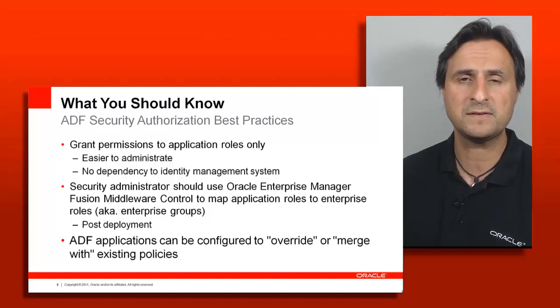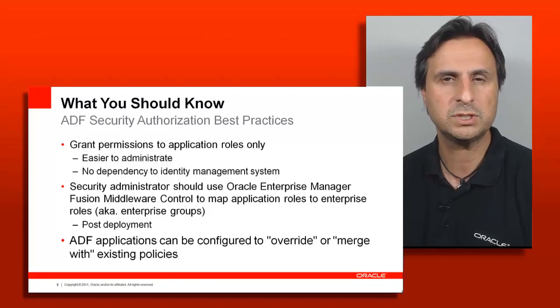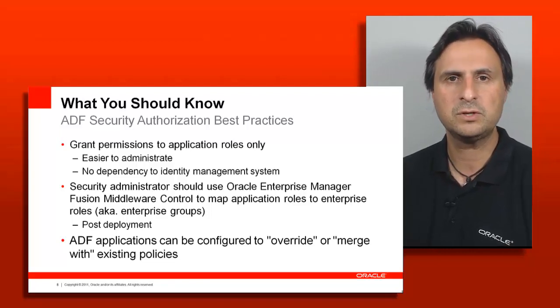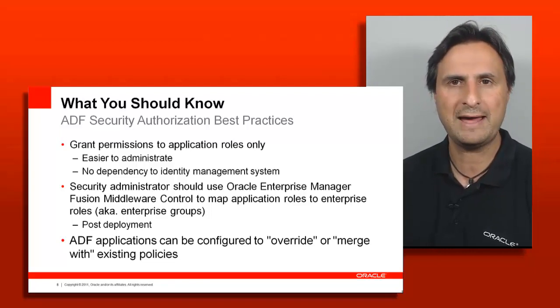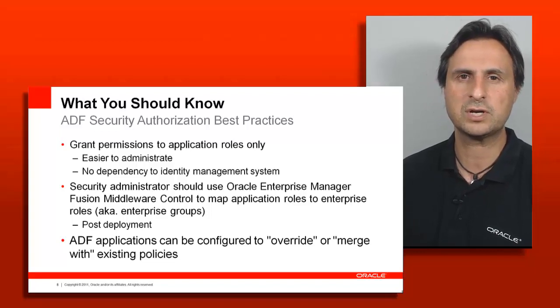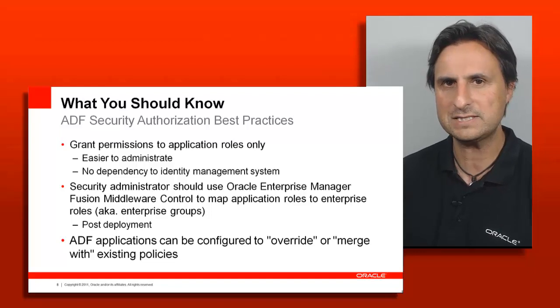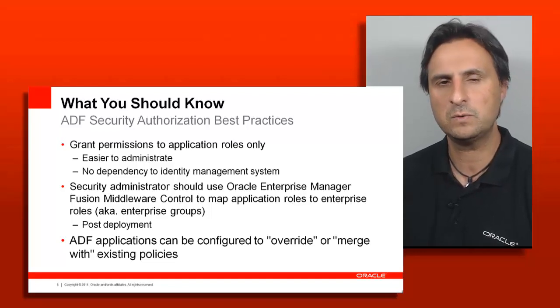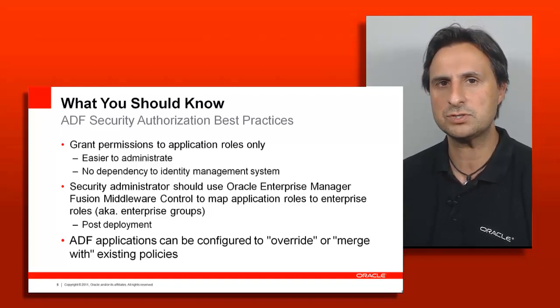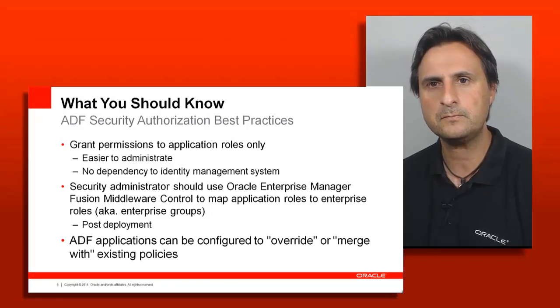So that can basically, after deployment, change the whole permission infrastructure. So you want to do this. So never try to have all of the security infrastructure defined with the application. Though you have the application coming with the base permissions, but then in the end you want to hand it over to a security administrator using Enterprise Manager.